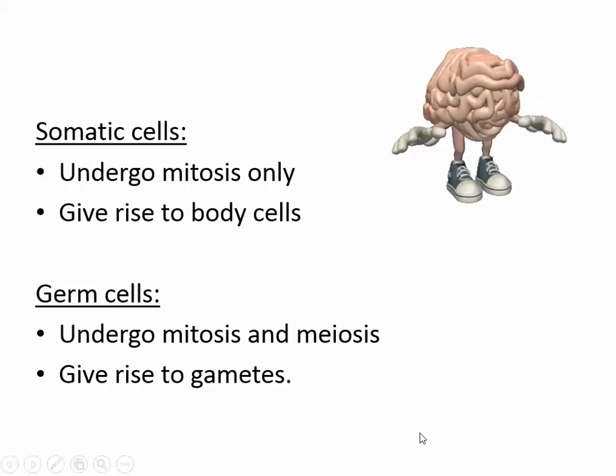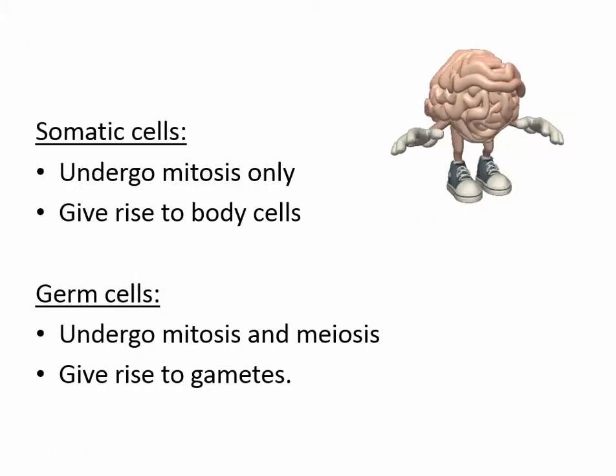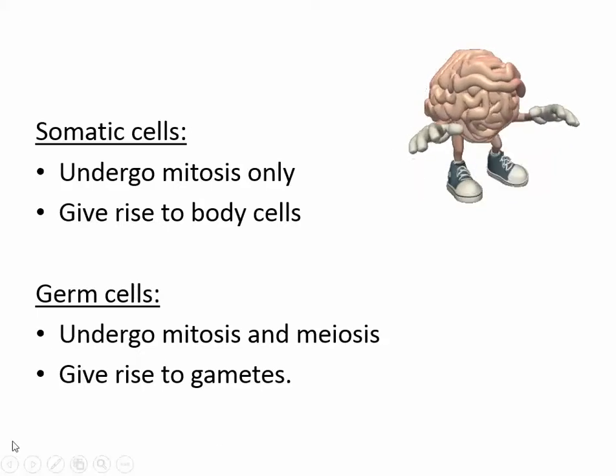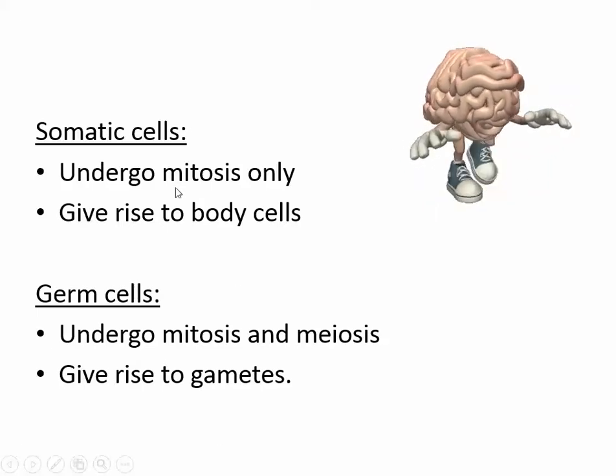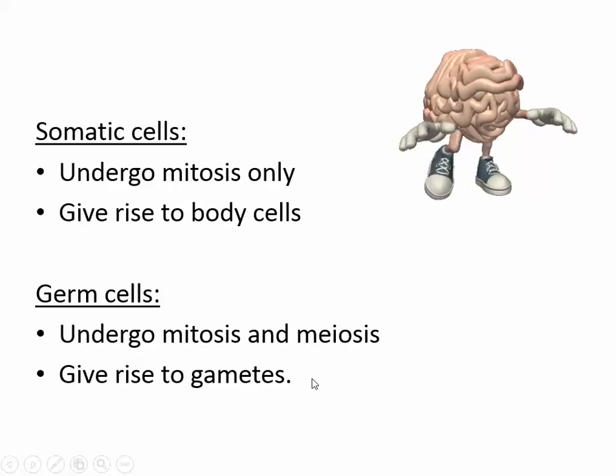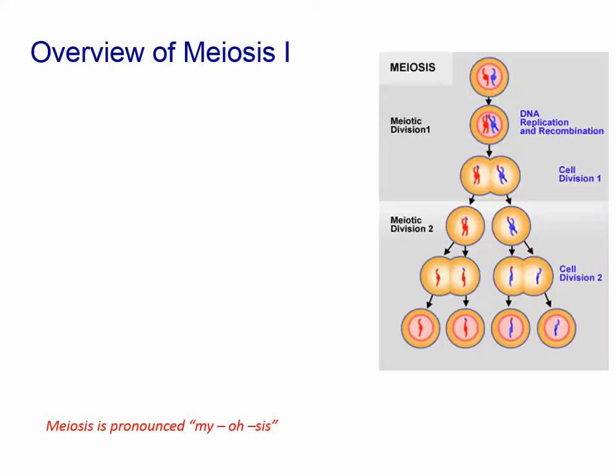Now, you have basically two types of stem cells in your body. You have somatic cells, which are going to be your body cells, and then you have germ cells. These are the cells that are going to give rise to gametes. In my overview of meiosis, meiosis itself is a two-stage process.